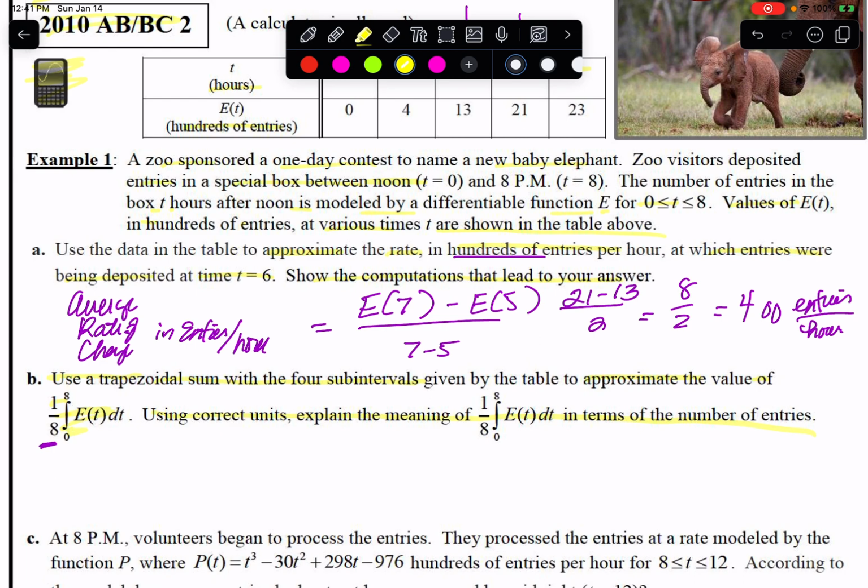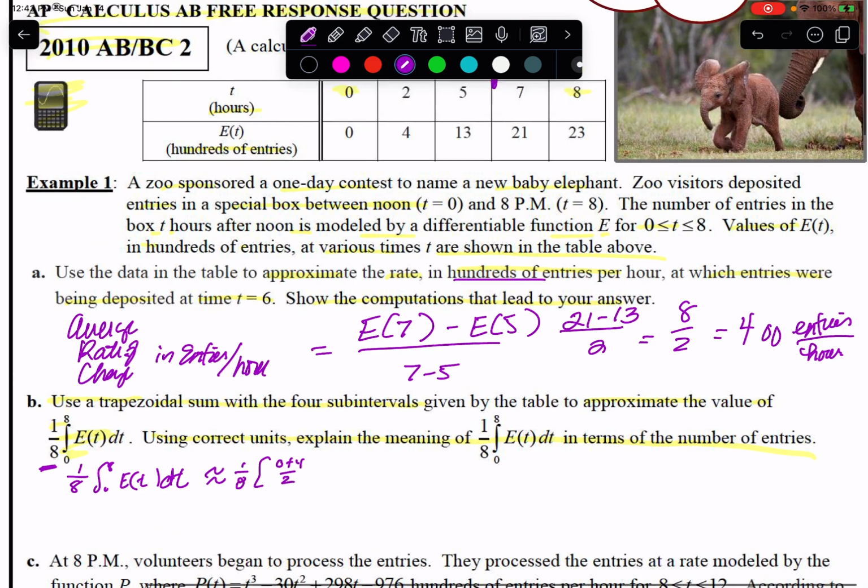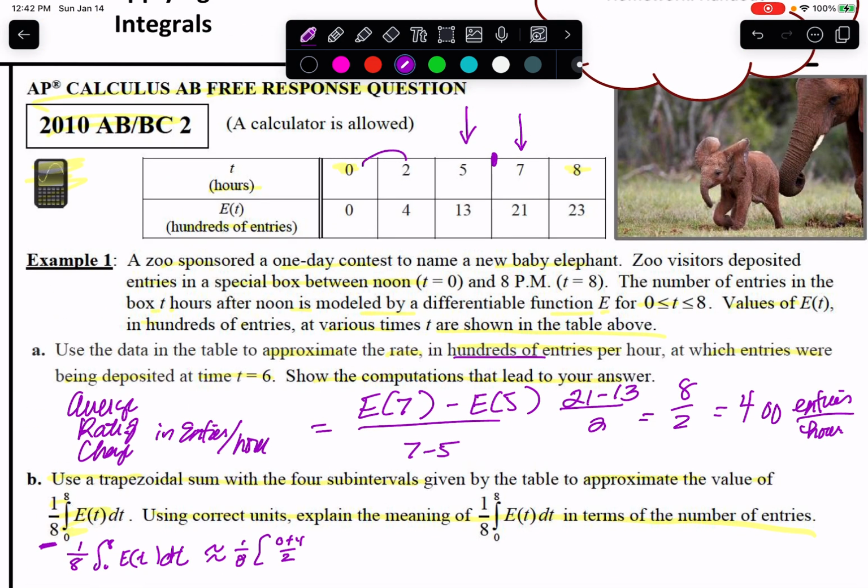So let's figure it out first using the trapezoidal sum. We're going to say 1/8 times the integral from 0 to 8 of E of t dt is approximately equal to 1/8 times our trapezoidal sum. The first one would be 0 plus 4 over 2, and let's look at our intervals back up at the top: there's 2, and then 3, and then 2, and then 1.